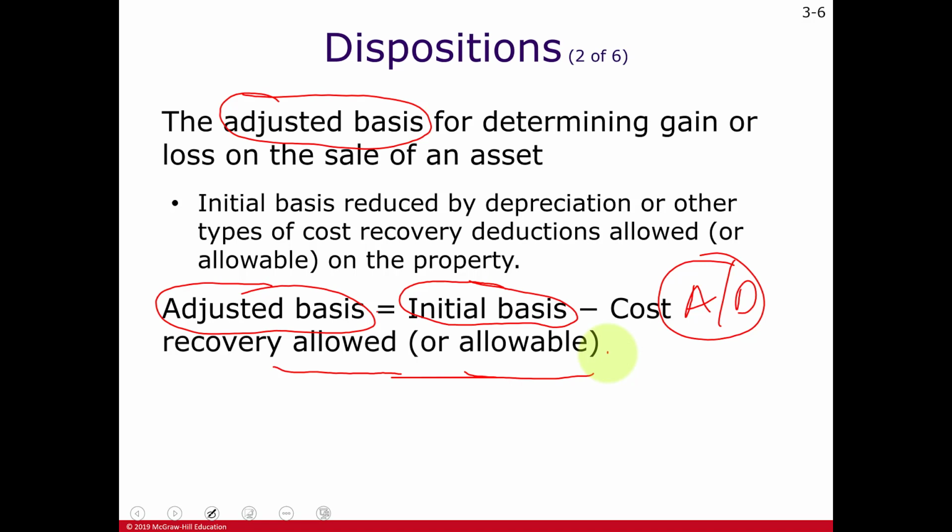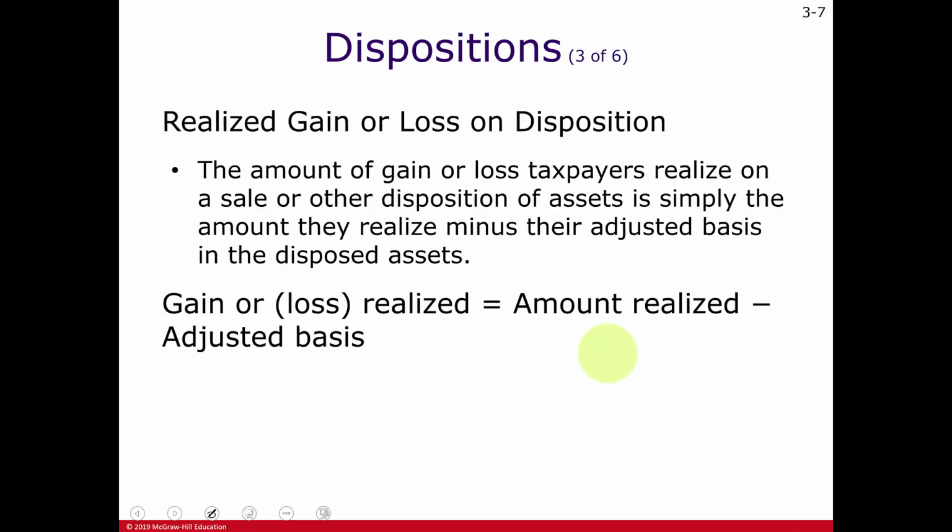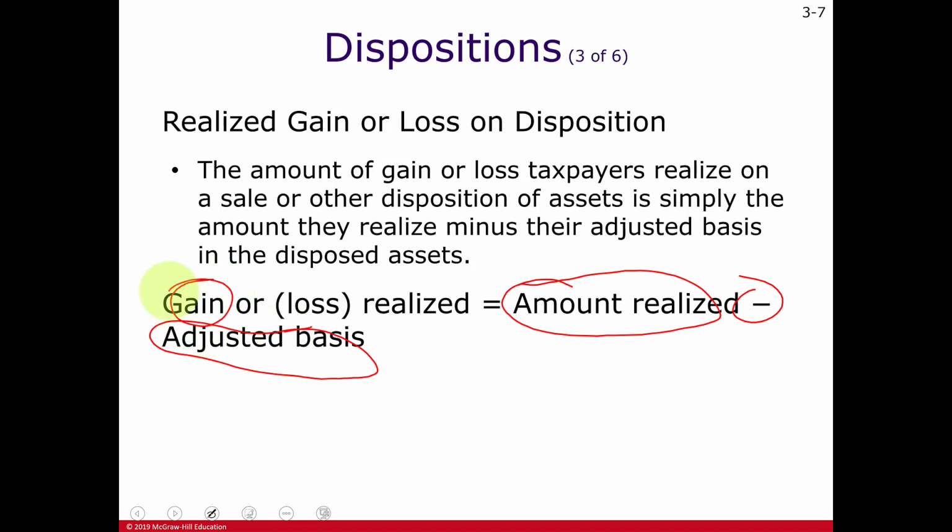Okay, so you got your adjusted basis now. You figured out the amount realized in the previous slide, and we now take the difference between the two. That's the amount realized minus the adjusted basis to get a gain if the amount realized is bigger than the adjusted basis, or a loss if the adjusted basis is bigger than the amount realized.